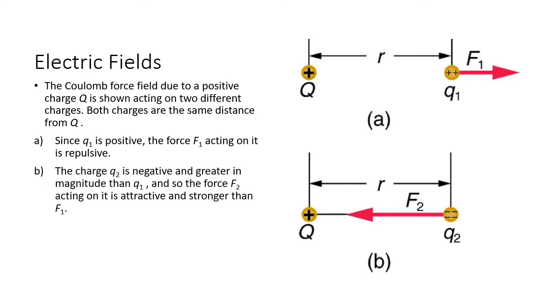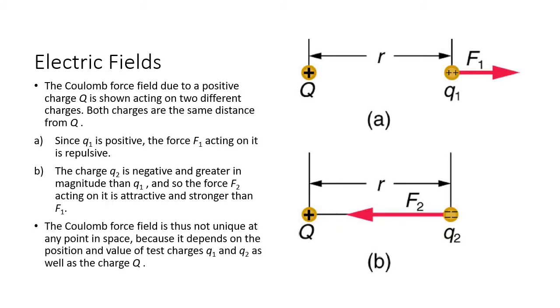The charge Q2 is negative and greater in magnitude than Q1, so the force F2 acting on it is attractive and stronger. The Coulomb force field is thus not unique at any point in space, because it depends on the position and the value of test charges Q1 and Q2, as well as the charge Q.